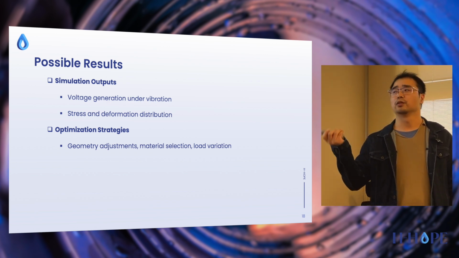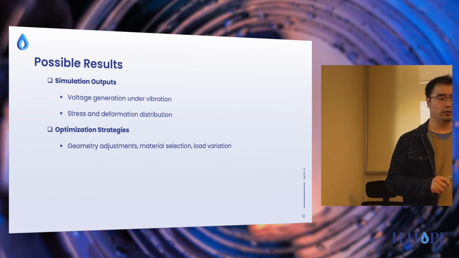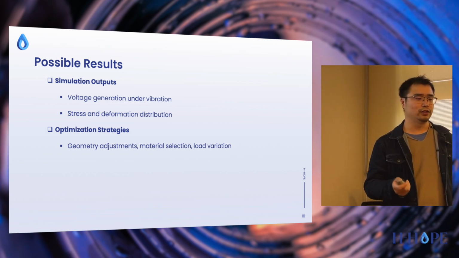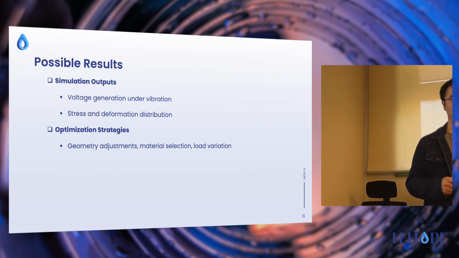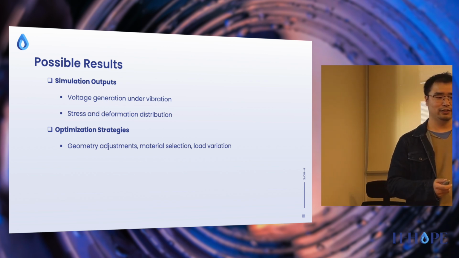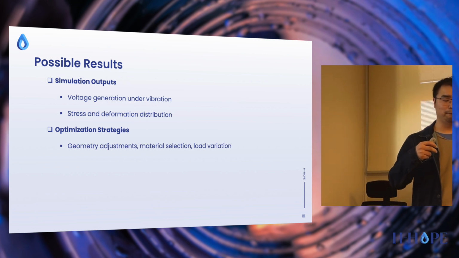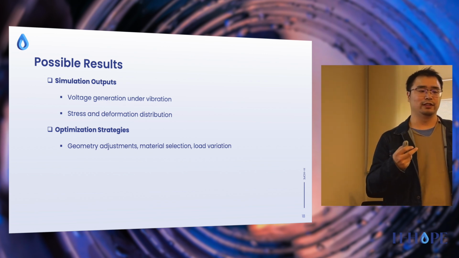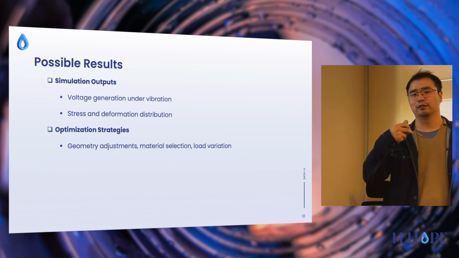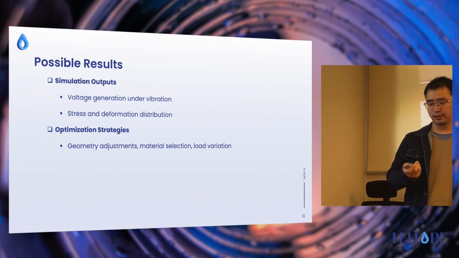With harmonic analysis, we can do further geometric adjustment or material selection, and we can also see what will happen if we apply a different load acting on the cylinder.